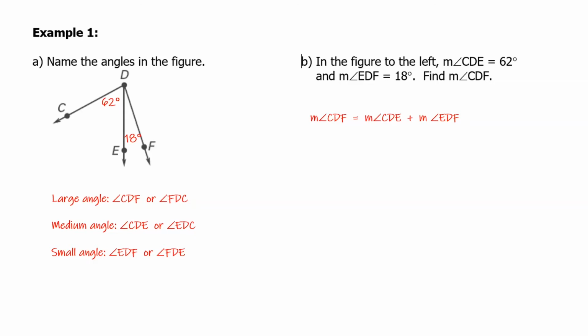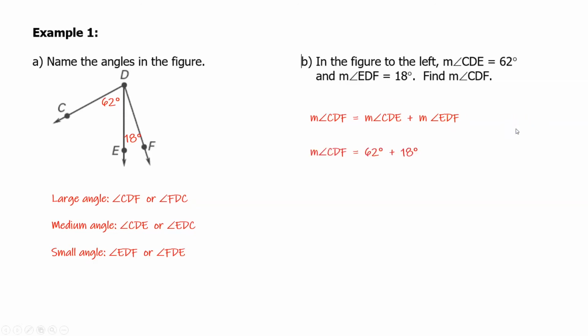So if I just said angle CDF equals angle CDE plus angle EDF, that would make no sense. That would be like saying chair plus chair equals something, right? You can't add objects. You can only add the measure of those objects. So that's where the M needs to come in.